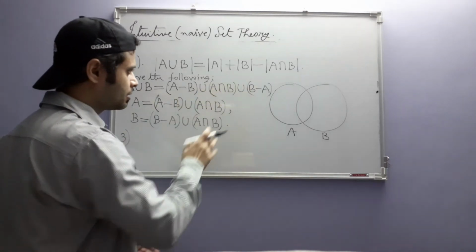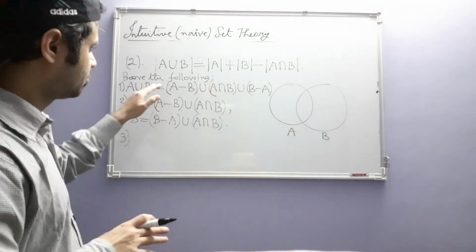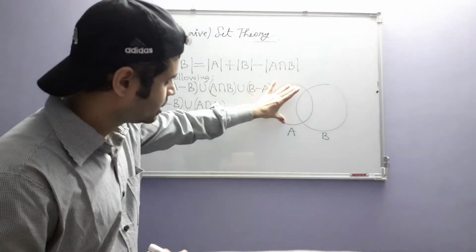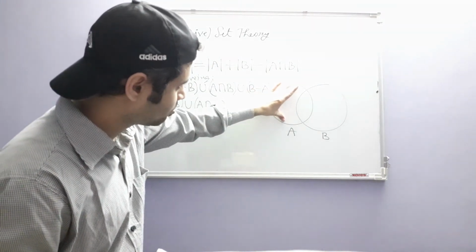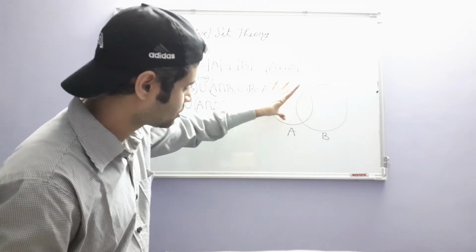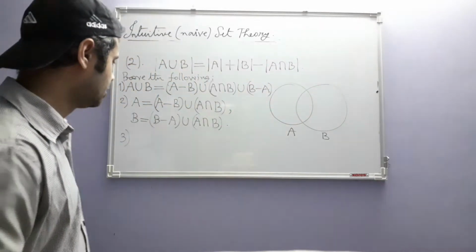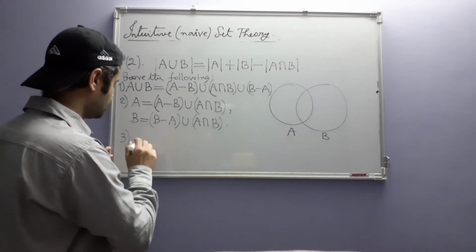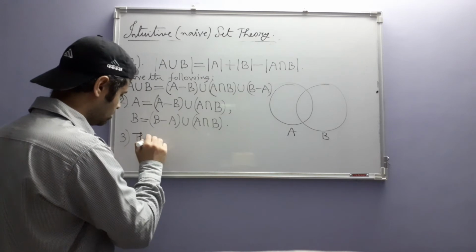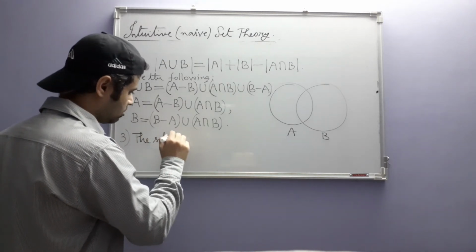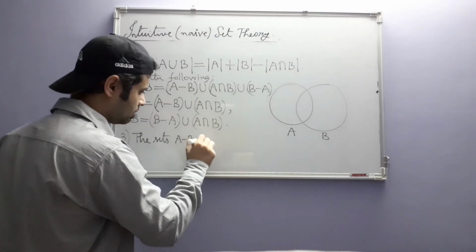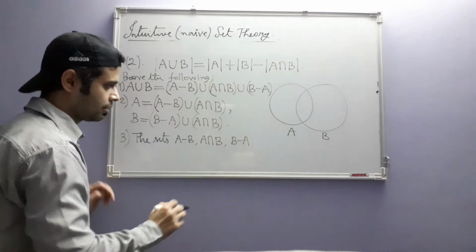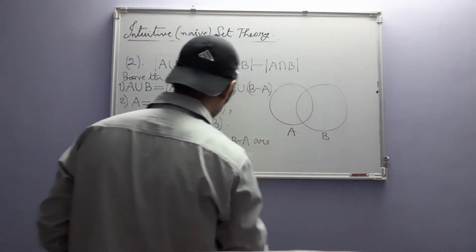When we take any two of them and form their intersection, that is empty. There is no common element between this region and this one, or this one and this one. There is a term which says the sets A minus B, A intersection B and B minus A are mutually disjoint.